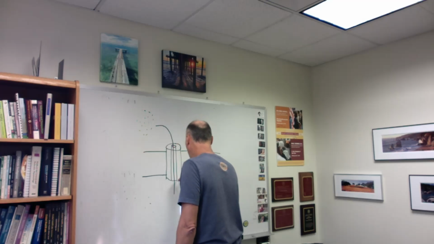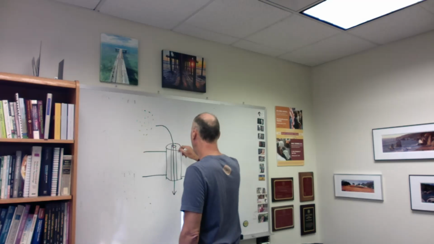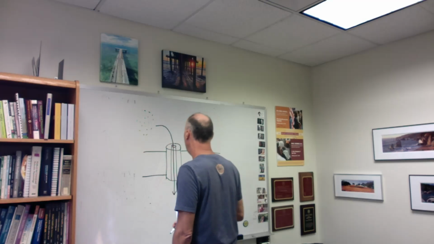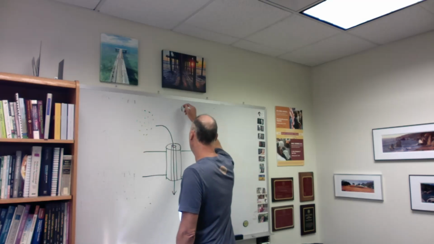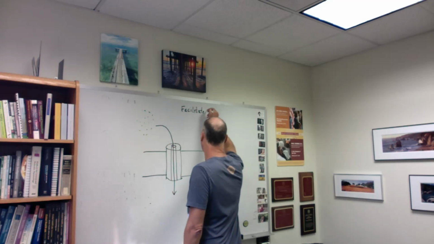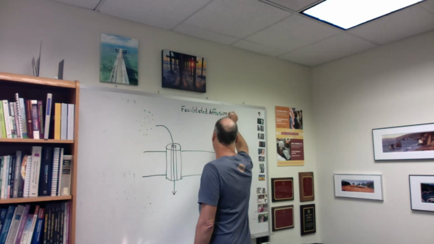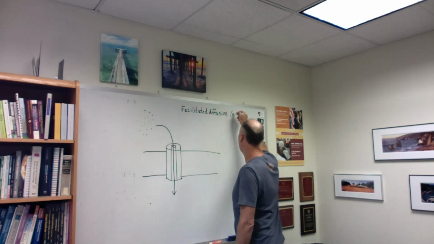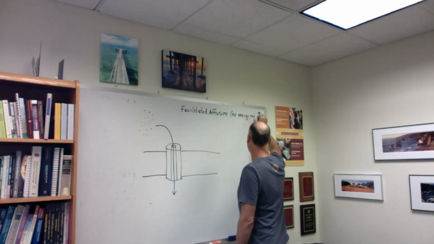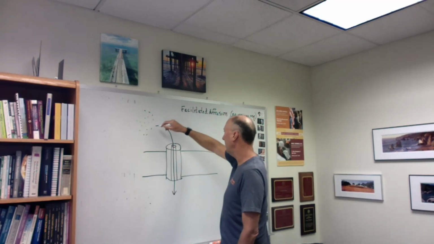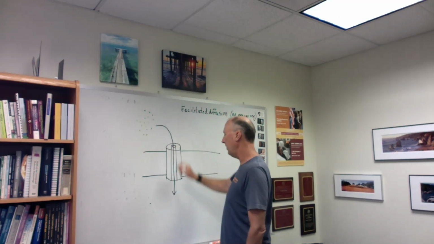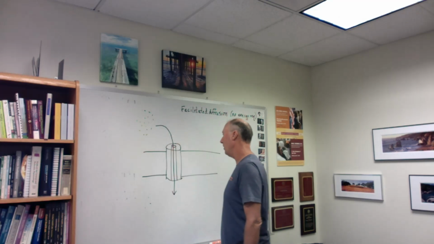This is the channel through here. And this transport system, in this case, where you have a concentration gradient, can essentially just allow for facilitated diffusion, right? And in this case, there's no energy required.